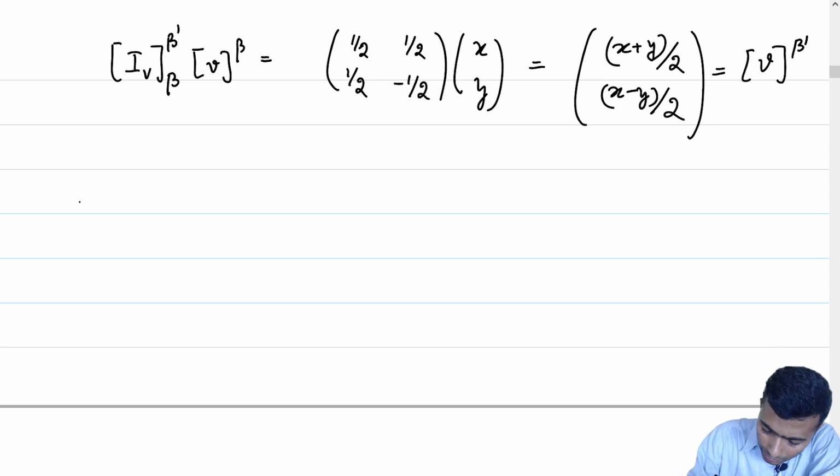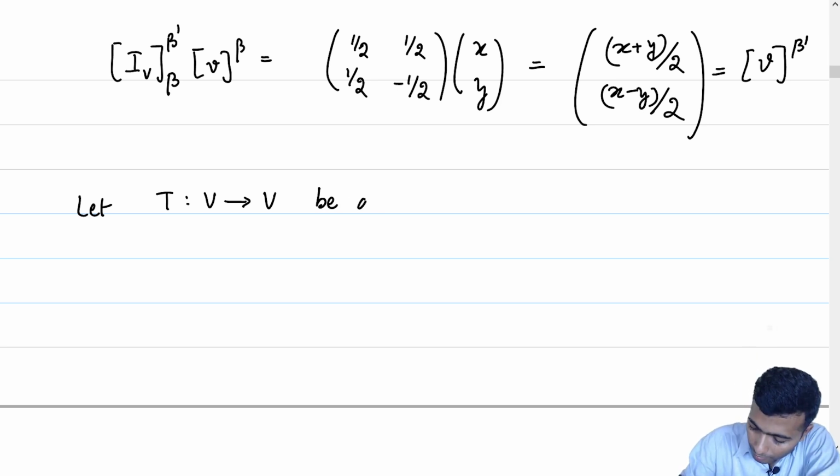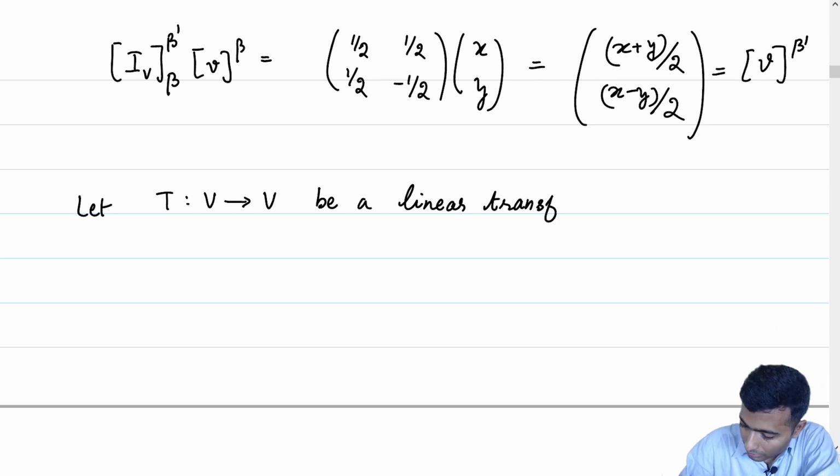In order to study that, consider a linear transformation from the vector space V to itself. Such linear transformations are called linear operators as well. So, I will just note that as well.